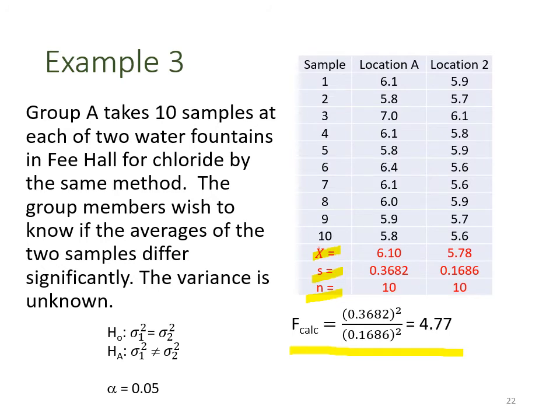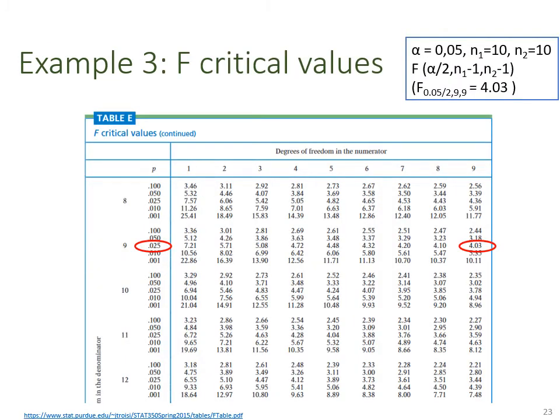I stated it again, just to reiterate: the null hypothesis is that the variances are equal. The alternative is that they're unequal. Again, we're using a 95% confidence interval, so we go to a table of critical F values. We have an alpha of 0.05 and 10 observations for both sets of data.